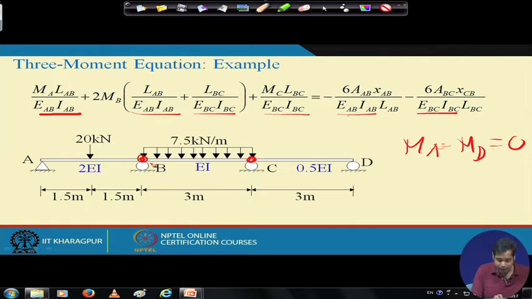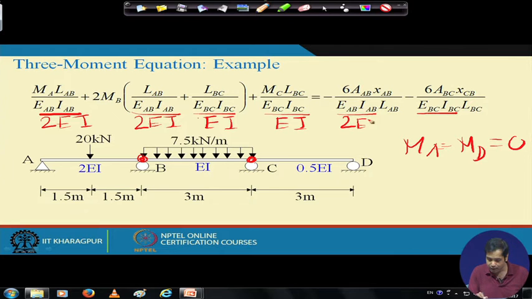So when we consider span ABC, this term becomes 2 EI, this becomes 2 EI, and this becomes EI, and then again this becomes 2 EI, and this becomes EI. All other values, LAB, XB, BC, are the same, because they are the moments in the primary structure due to the external load.